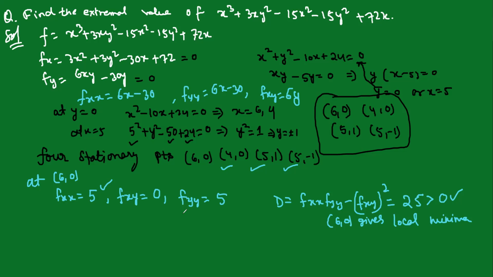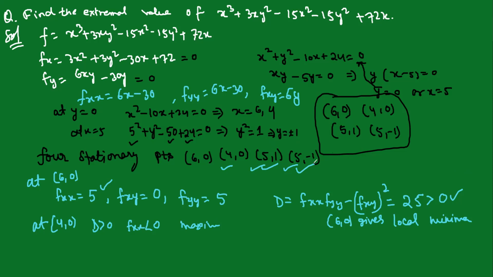D is positive, right? Maxima. You will get maxima. Don't think you got a maximum and minimum so we will not check for this point. You have to check every point. Understood? Check for (5, 1) and (5, minus 1) also.